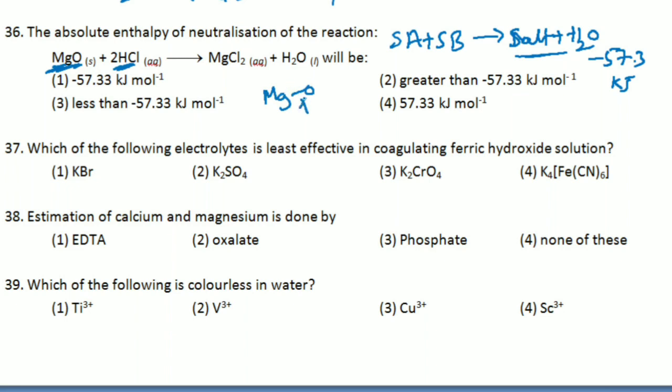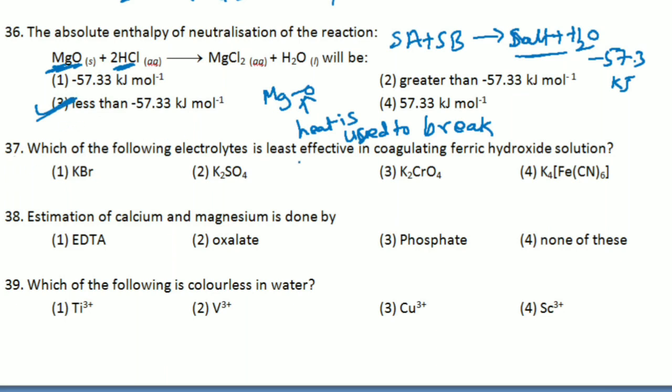Because of that reason, remember, some heat is used to break this particular bond. Heat is used to break this particular bond means whatever amount of energy should be released, it will be lesser than this energy because some energy is utilized in breaking of this bond. Because of that reason, answer for this question is, remember, 36th 3.